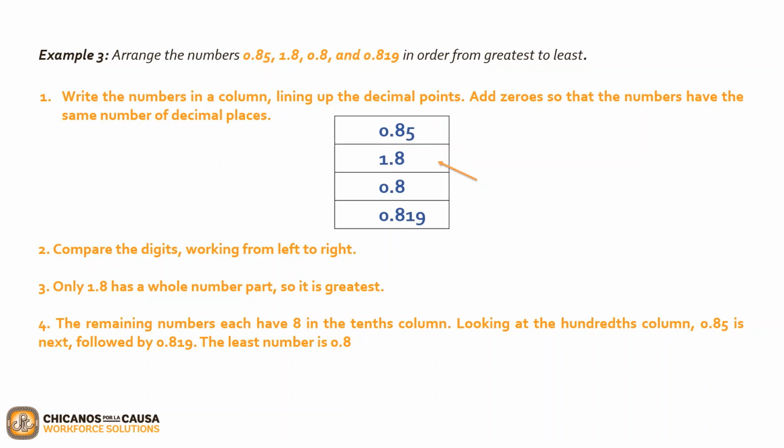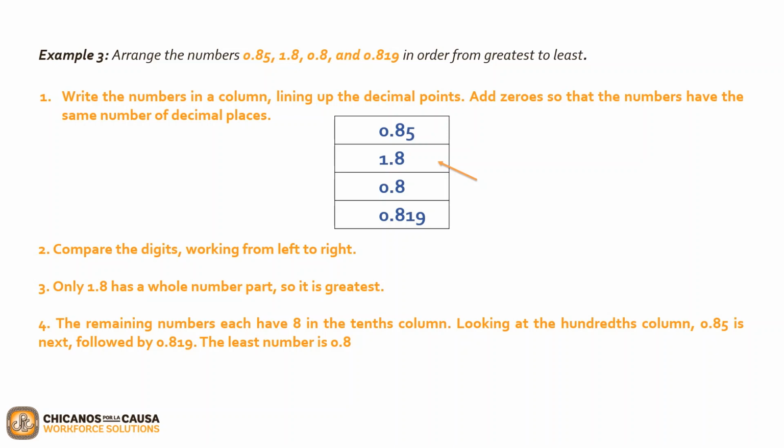Look at the hundredths column. 0.85 would technically be the next greatest number. Then it would be followed by 0.819. Now we know this because the third number, 0.8, technically has a 0 right after it, so it doesn't actually give it more value.